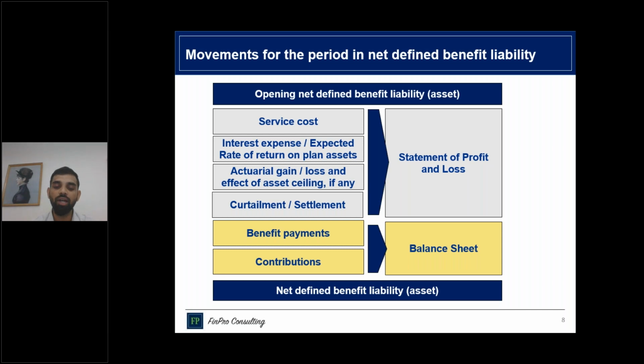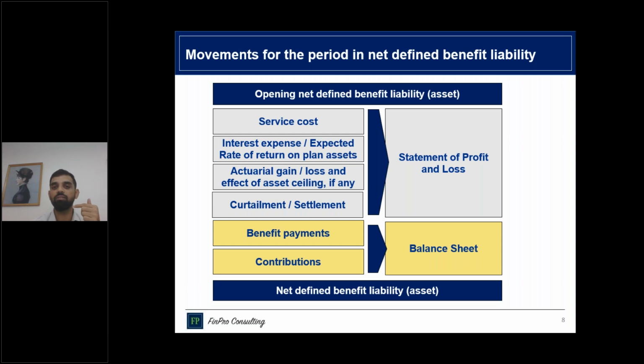Just a quick recap: service cost will increase your liability because that is an additional cost. Net interest expense will again increase the liability. The net rate of return on plan assets will decrease the liability. Actuarial gain or loss, depending on whether it is a gain or loss, will cause the movement. Curtailment and settlement again will cause an increase in the liability.